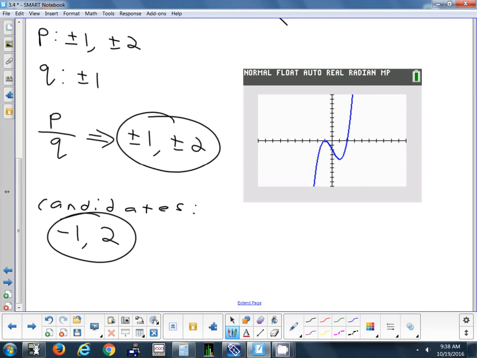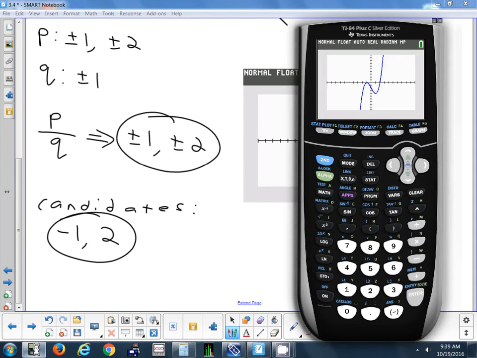Okay. I'm going to try dividing through synthetically by 2. I actually think they both work, so it doesn't matter which one we use in this case. You could check, just go to trace, type 2, and you can see, yep, it is a root. So we're going to divide through by the root.